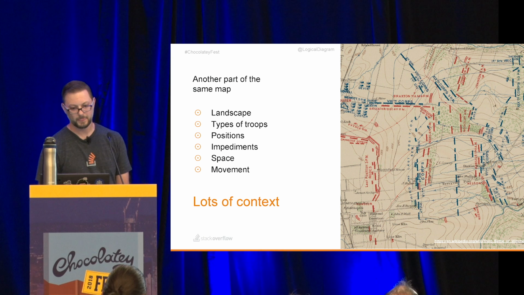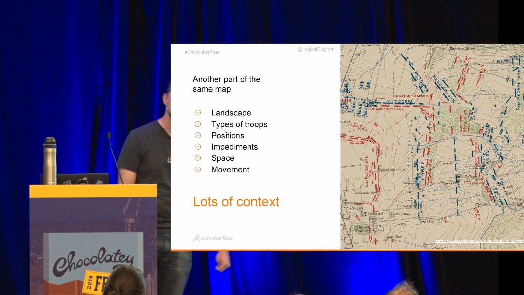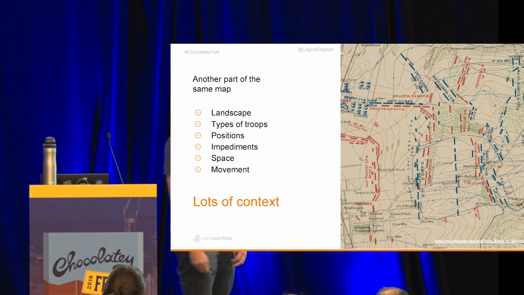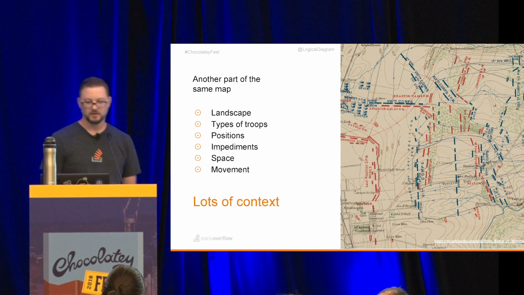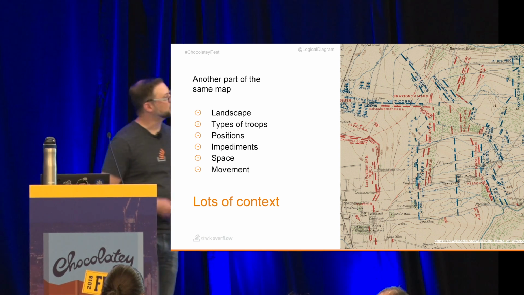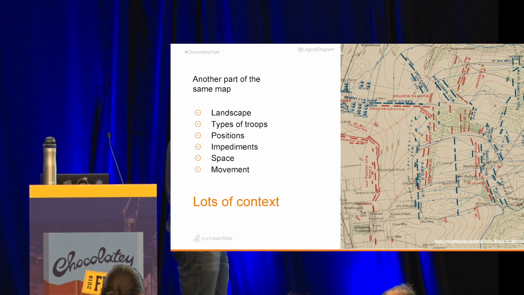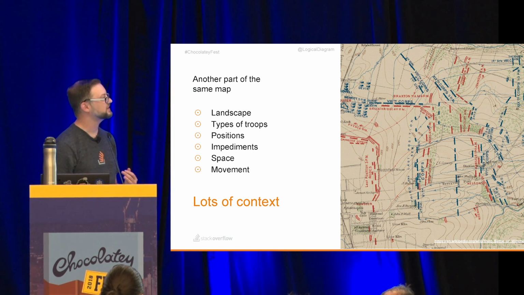So that really drove home the need to have a way to describe the landscape of your system, your company, your architecture, or whatever. As you can see, this is another part of the map of the Battle of Winchester, and it's got insane amounts of detail, so much information and context.